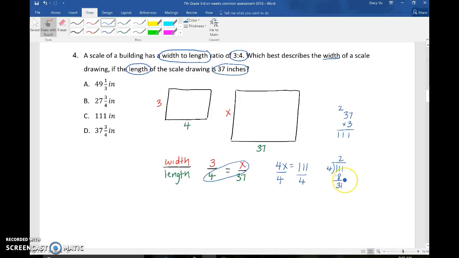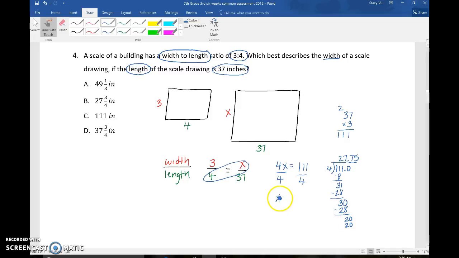So 31. 4 times 7 is 28. 31 minus 28 is 3, so 30. And then let's see, 4 times 7 again is 28. And we get 20, and 4 times 5 is 20.